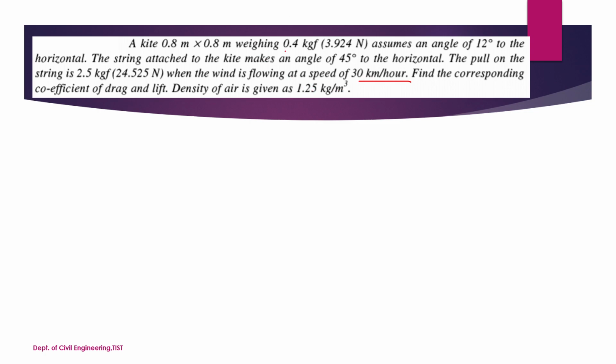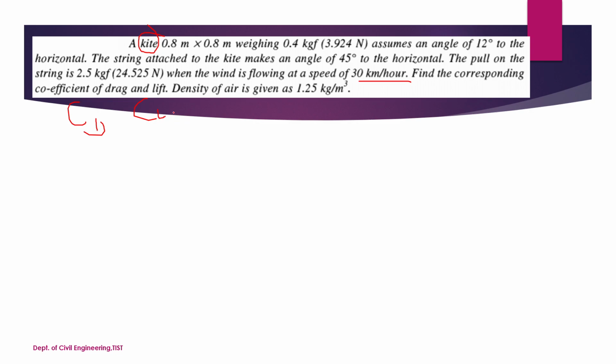Okay, so in this question we have a kite, and it is not horizontal or vertical. It is inclined to the flow of air, and there is a string attached to the kite also. So we need to find out the coefficient of drag and lift, CD and CL.